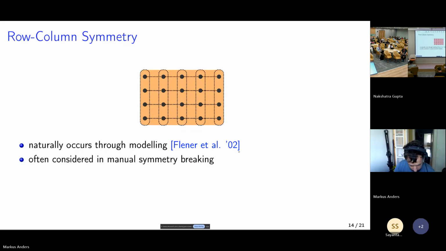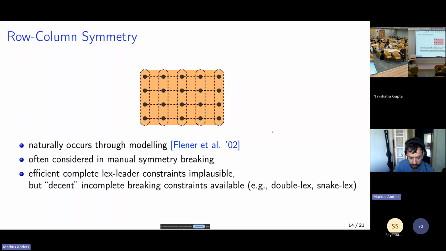Now, this is often considered in manual symmetry breaking, and actually we know quite a few different incomplete breaking constraints for these sorts of groups. For example, there's double lex or snake lex. However, we also know that efficient complete lex leader constraints are implausible to exist for row column symmetry.